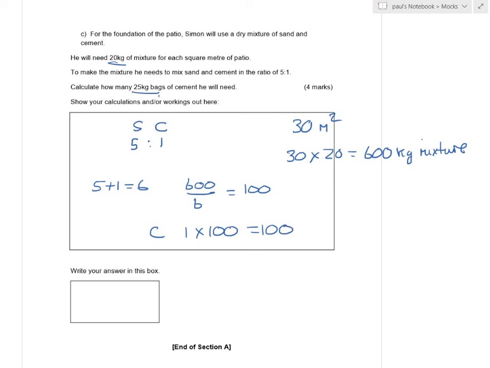Now it comes in 25 kilogram bags, so 100 divided by 25 equals 4 bags. I think 4 bags. Let me check on that. 4 bags, I like that. End of section A.